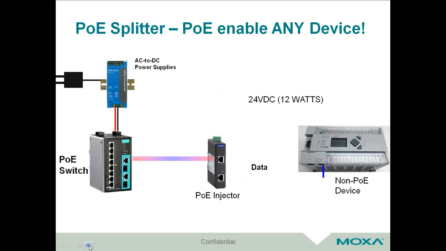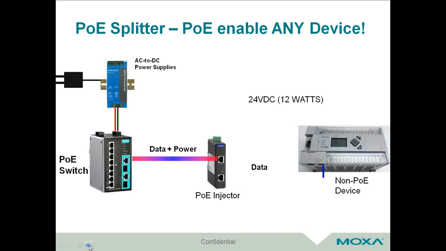And the other way is, we've got this device called a PoE splitter. And this is a very unique technology in the industry. There's very few companies that do this, and most people are not even aware that this technology exists. Let's say you have made the investment, you've gone to a PoE switch, but you don't have a device that actually takes PoE.